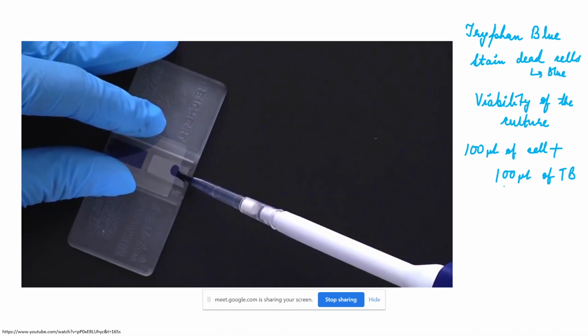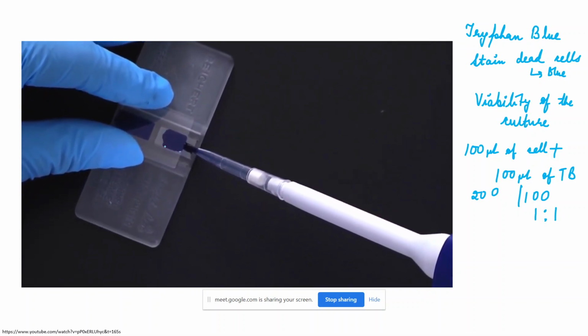So what will be the dilution of your cells? The total amount is 200, 100 plus 100, but in that only 100 microliter of your cells is present. So we do this 1:1 dilution. That is routinely done, but different labs have different procedures. So I'll start the demonstration now.